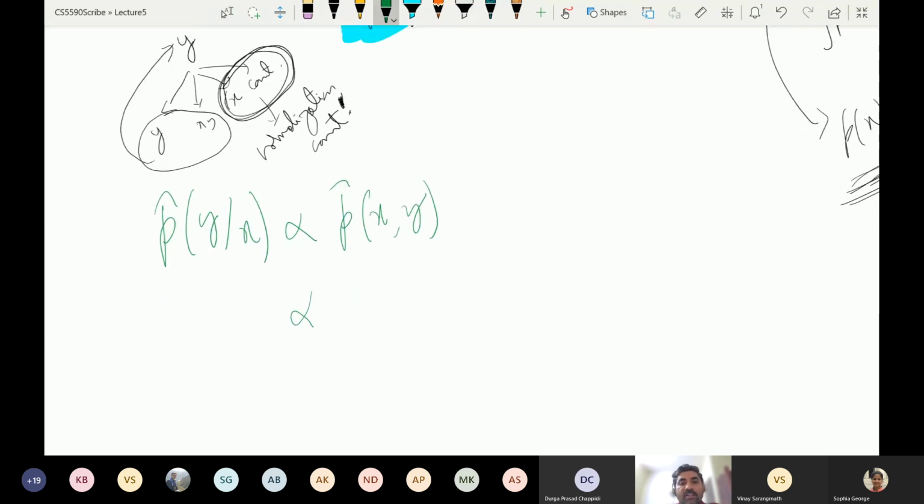So let's write down the terms. First of all, we can ignore the normalization constant. Secondly, there is e to the power of minus half, x minus, so what plays the role of x? X and y play the role of x. Then sigma inverse, and there is mu also, right?